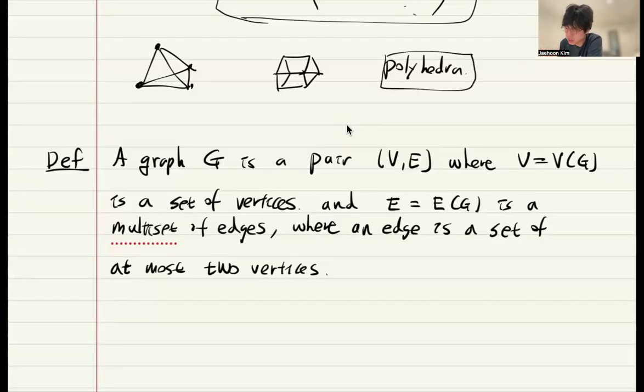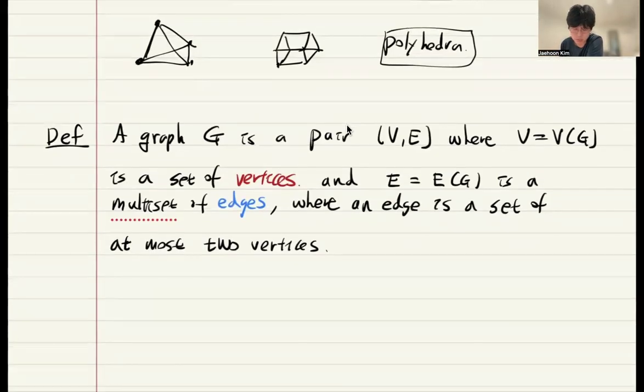In a polyhedron, these are called the vertices, which are the places where it's very sharp, and these are the edges, which are shared by two faces. Hence we get the name vertex to denote the dots, and edges to denote the lines between two vertices, which are paired.